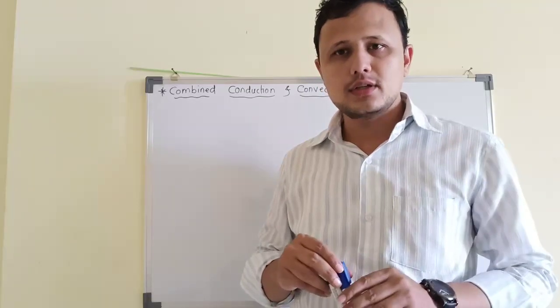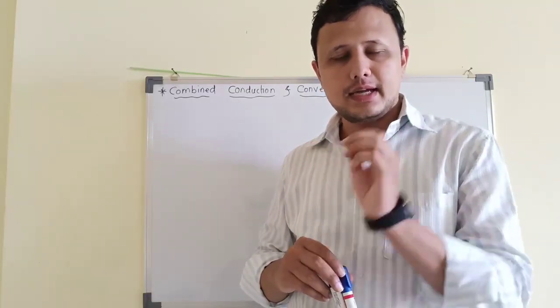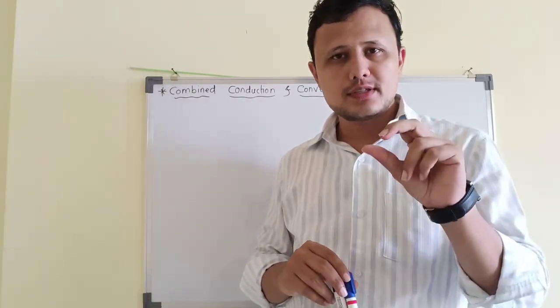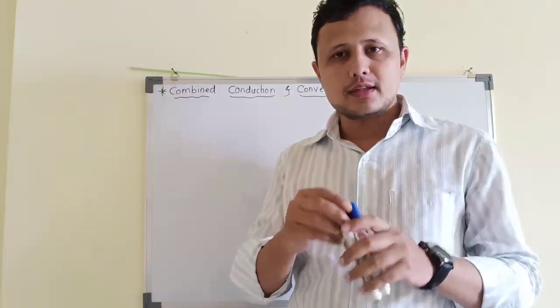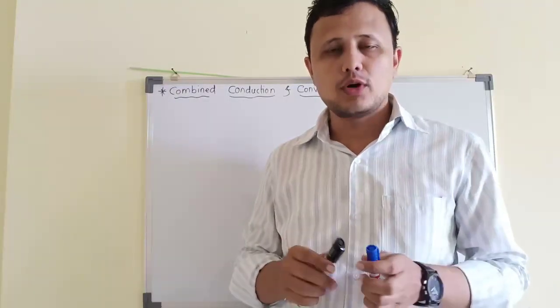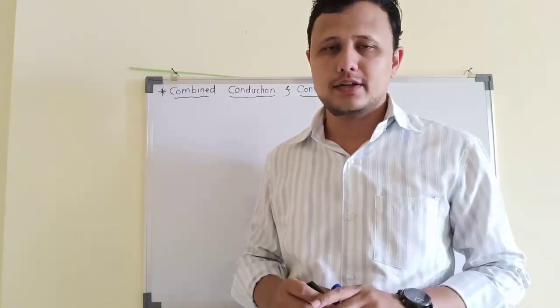In that situation, it becomes very difficult to write down the equations for the entire system, and at this point, the electrical analogy helps us reduce the system of equations so that it can be solved in a faster way. So let us see what exactly is done when we apply the electrical analogy to a combined case of heat transfer.